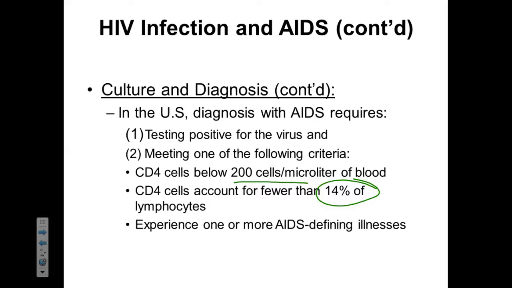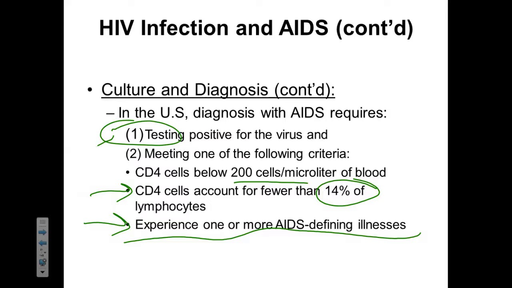That second criteria is more difficult to perform. And then finally, the third criteria is if you have those diseases that are associated with AIDS. And this is the easiest one to confirm. So if someone tests positive for HIV and then starts to experience the diseases associated with AIDS, generally speaking, they're going to be called AIDS positive.